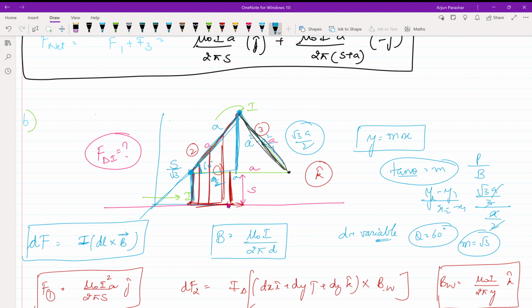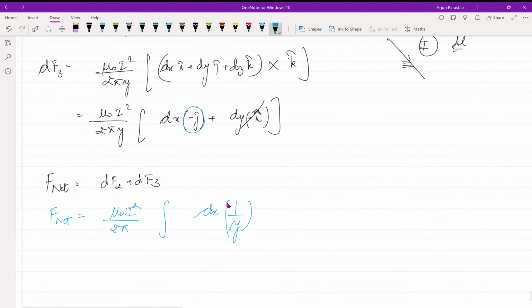I hope you understand why s by root 3, because the y distance was s here, and the slope was root 3. So the x thing which is left is s by root 3 only. So the x coordinate is s by root 3. s is the distance from the infinite wire to here, but what we need is the x limit.